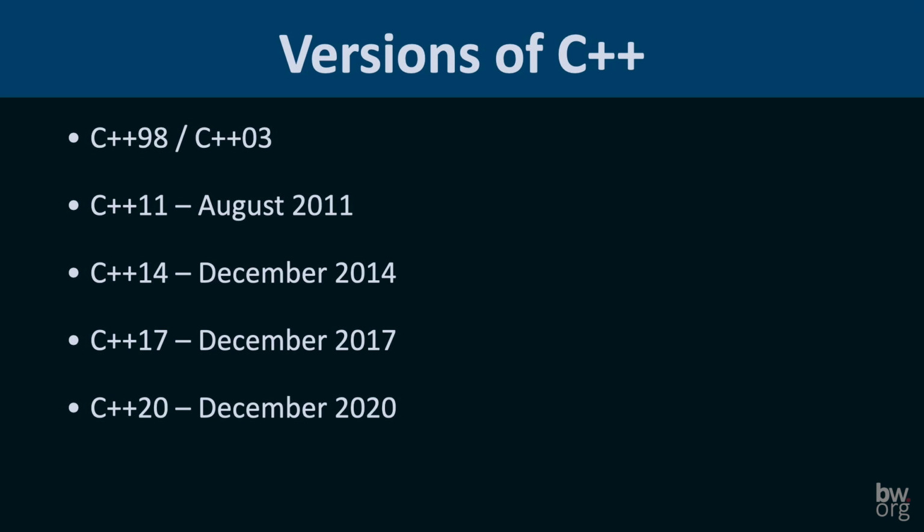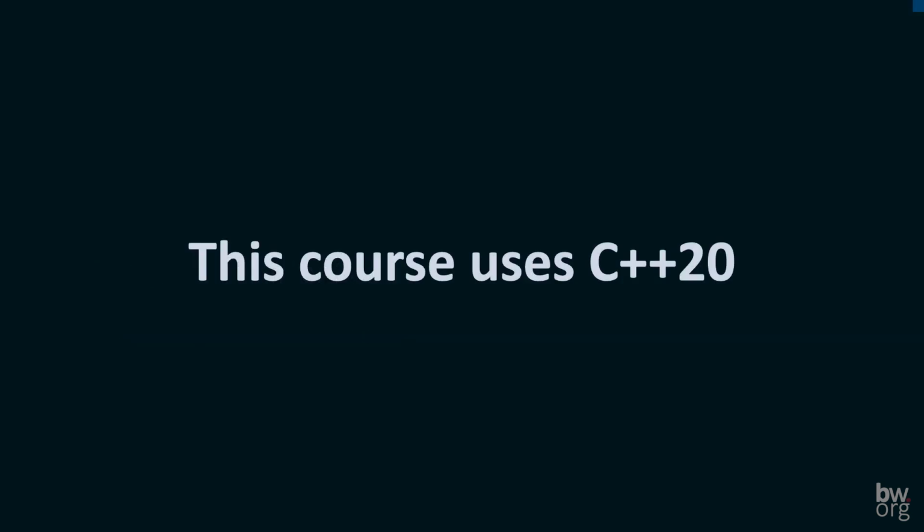Some of these features are not yet implemented in the major compilers, so discussion of these newer features will be limited. Most of the features covered in this course will apply to the C++ 11 and beyond standards. We'll cover a few more modern features. In particular, we will use the C++ 20 format library. The current versions of all the major compilers in use today fully support C++ 17 and partially support C++ 20.